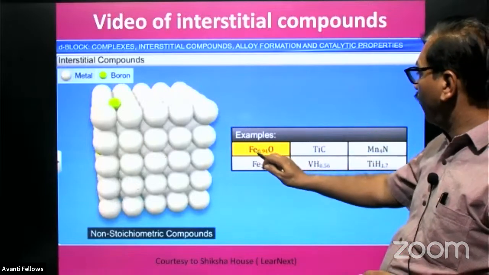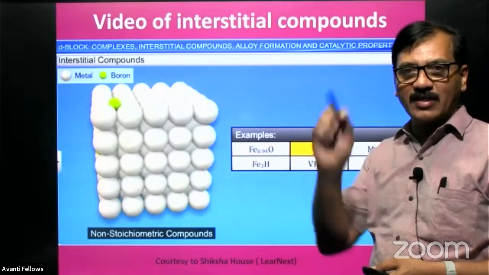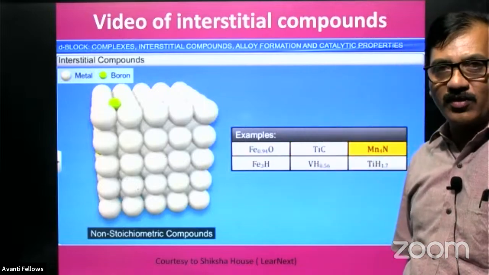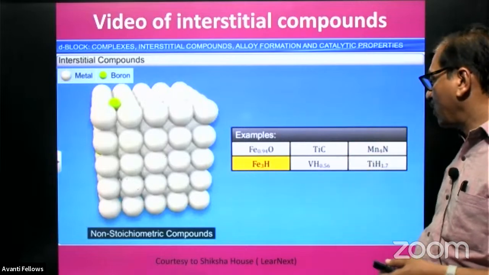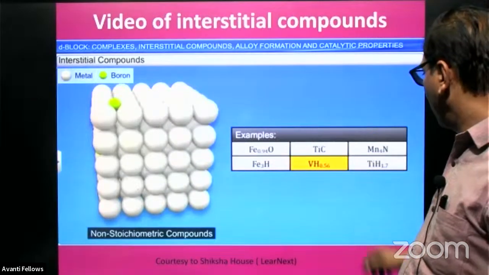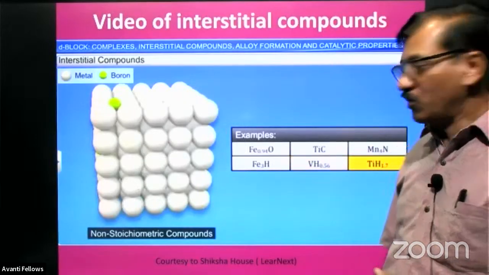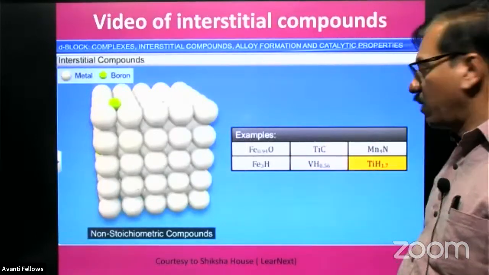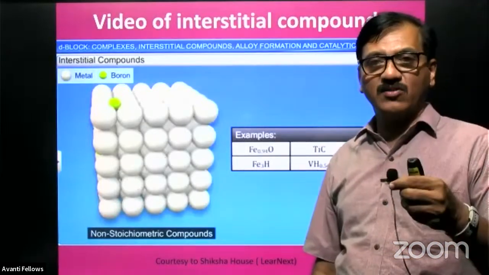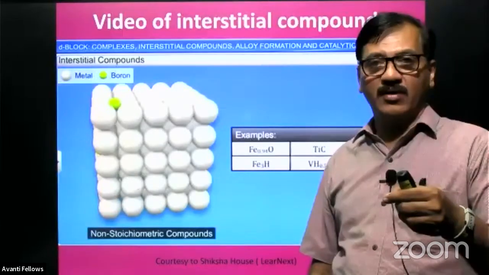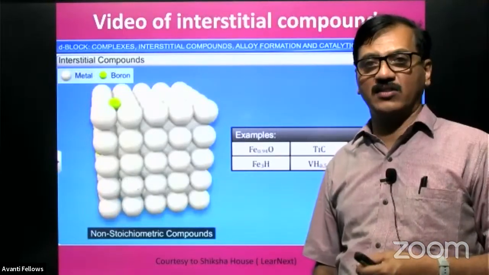You can see here Fe 0.94, oxygen 1. For 1 oxygen, Fe is 0.94. And titanium carbide, and manganese nitride, all these are interstitial compounds. Titanium carbide is a special compound. Its hardness is equal to that of diamond, which is considered to be the hardest substance.